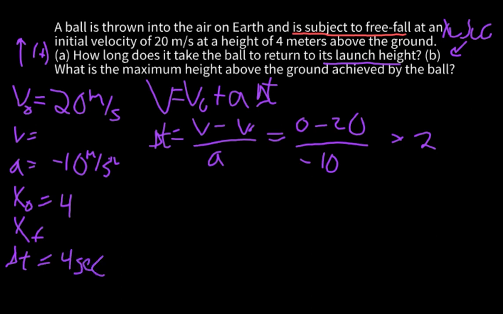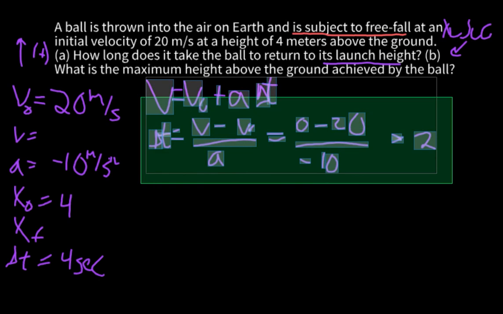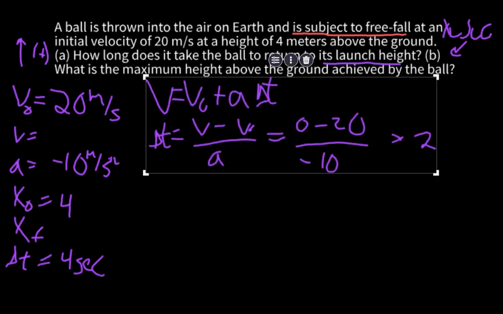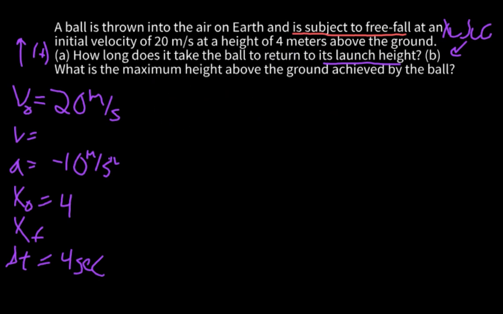Alright, so now we want to know what is the maximum height above the ground reached by the ball. Well, at that maximum height, we're going to have a final velocity of 0 meters per second, and we want to solve for this final position.